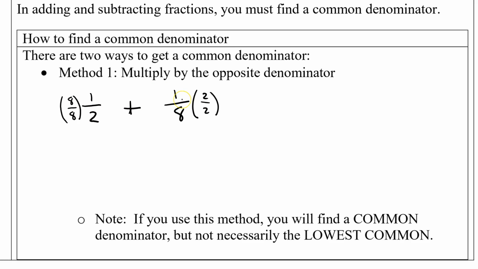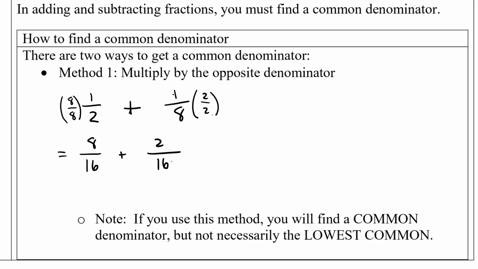1/2 and 1/8 don't really have much to say to each other, but if we get them into the 16ths, so 8 times 2 is 16, 8 times 1 is 8, plus 2 times 1 is 2, 8 times 2 is 16. Now we have a conversation that can happen. Because here, 1/2, 1/8, they're 1 of something.